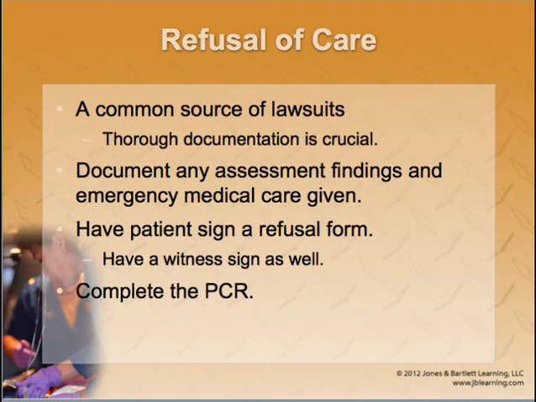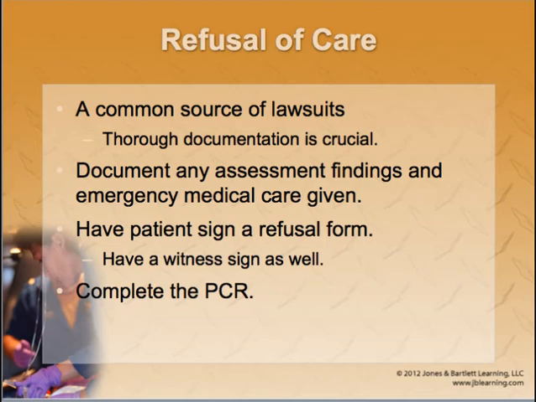So refusal of care is a common source of lawsuits. That means that you need to provide thorough documentation to protect yourself and your agency. Things you want to document are your assessment findings, any care that you gave, and what you did to try to get the patient to go to the hospital.